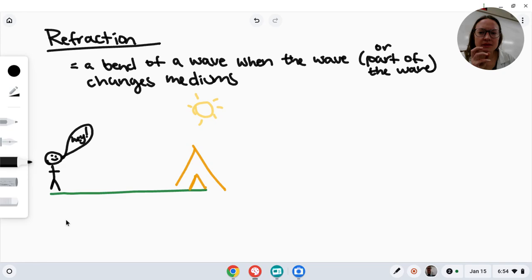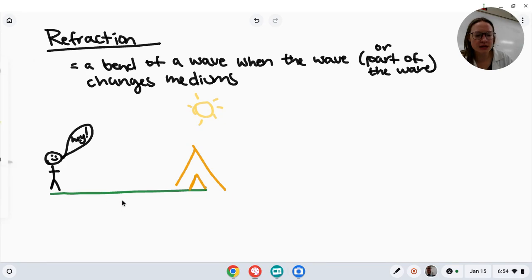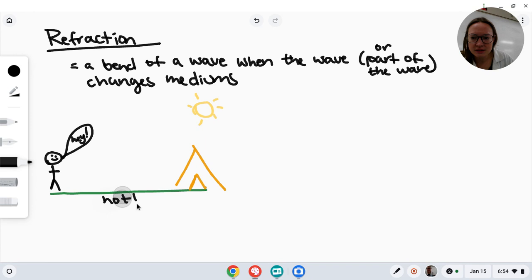So the air is going to change its temperature a lot slower than the ground. The ground will change its temperature pretty rapidly. So when the ground sits in the sun, it gets very, very hot during the day.